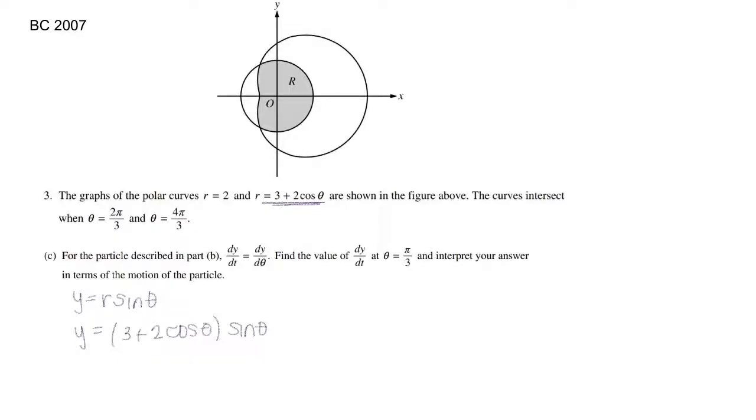And so we can type it in our calculators, and we know that dy/dt at theta equals pi over 3 is really going to be equal to dy/d theta at theta equals pi over 3.